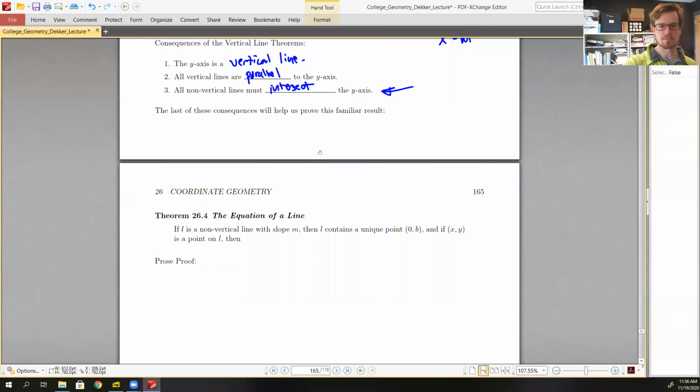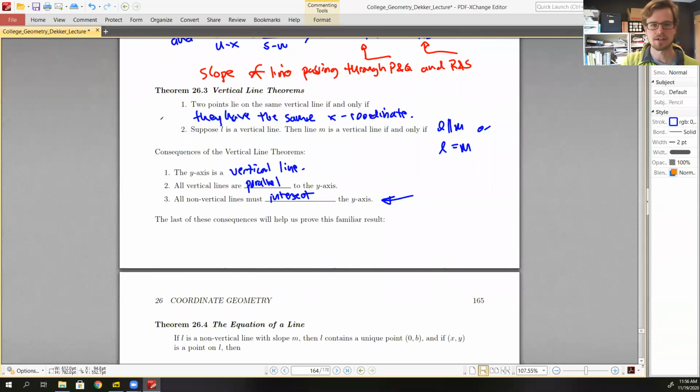But if we wanted to talk about that, all that we have to do is consider the vertical line theorem here, the first one. They all have the same x coordinate, right? Two points are on the same vertical line if they have the same x coordinate. So that's just saying the equation of a vertical line is x equals a. They all have the same x coordinate. That's it.